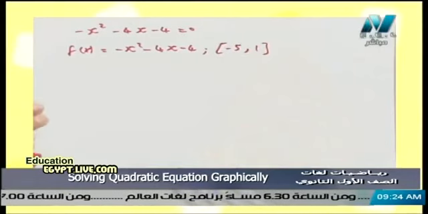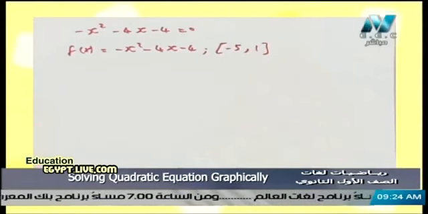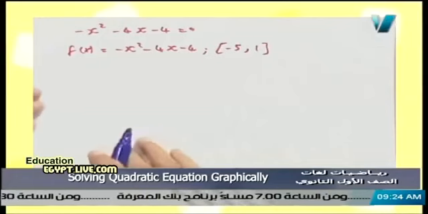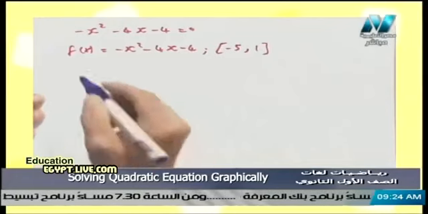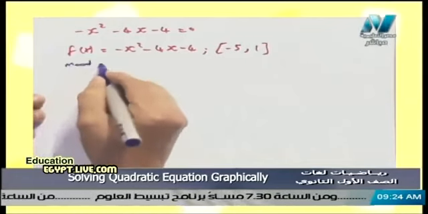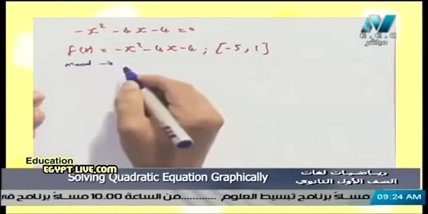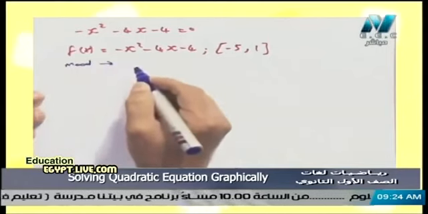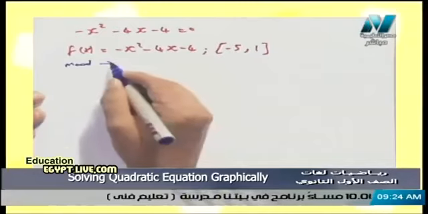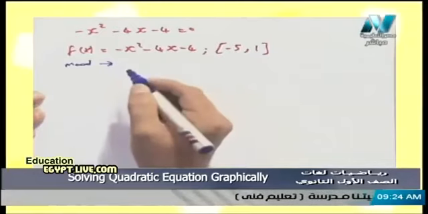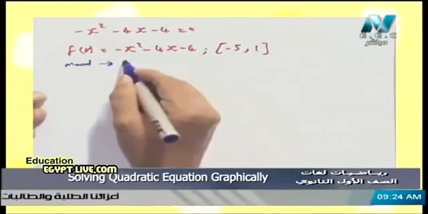Okay, as we said, you can use your calculator. It's easy for you. Press Mode, then you will find the word Table. Table has a number; if you have a scientific one, it will be 7.